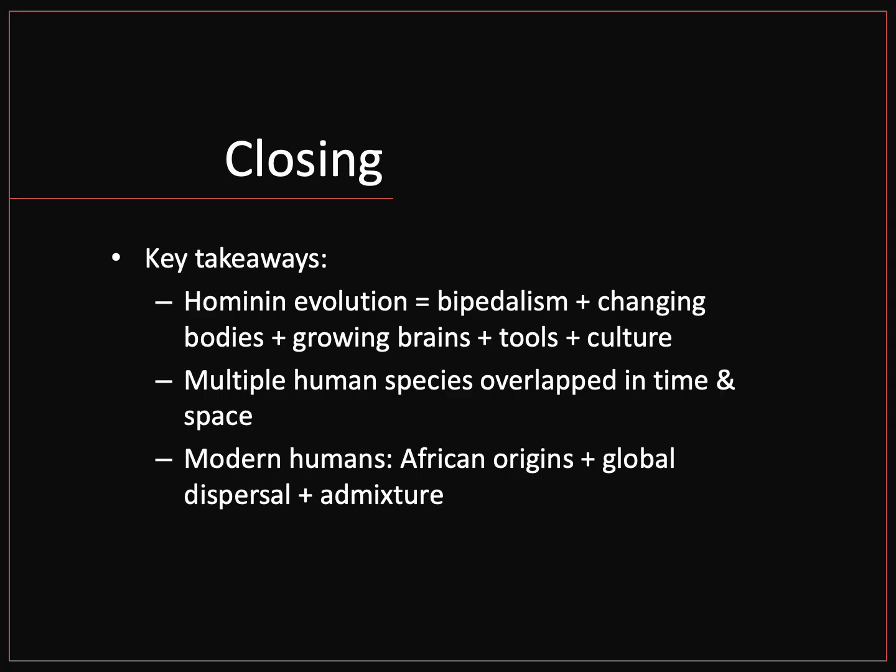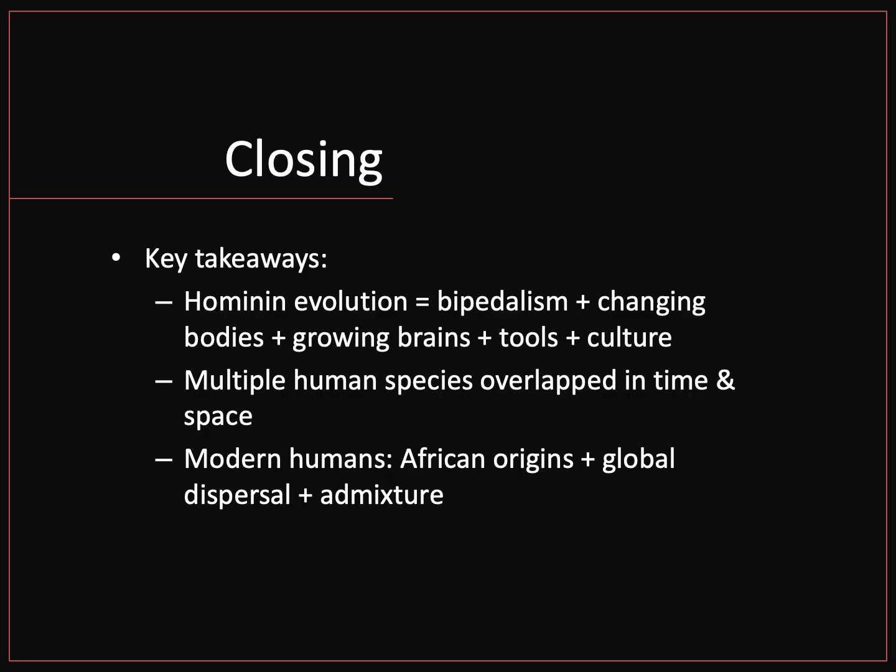As we wrap up, let's briefly recap the key points. First, hominin evolution is not a straight ladder. It is a branching bush with many species, some of which go extinct and some of which contribute to our lineage. One of the earliest and most important changes is habitual bipedalism, which rewires the entire skeleton from feet and legs to pelvis, spine, and skull.